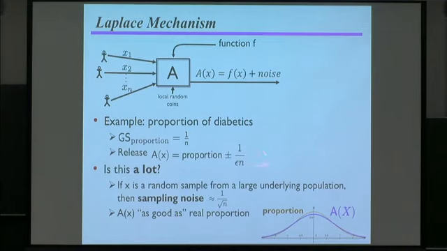And so the noise that you're adding for privacy goes to 0 much more quickly with n than just the sampling noise. And so in some asymptotic sense, once you've got enough data, the thing you're releasing is as good as the real proportion for statistical inference. Okay. How good, of course, depends on n and epsilon. But this is just to give you a sense of how it looks.